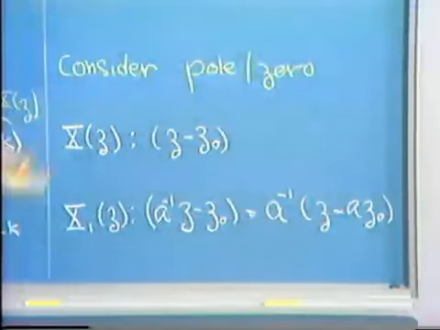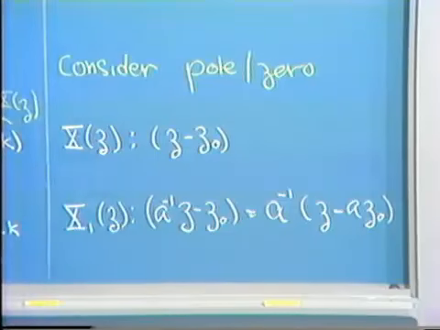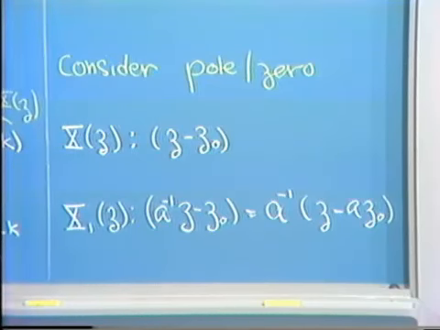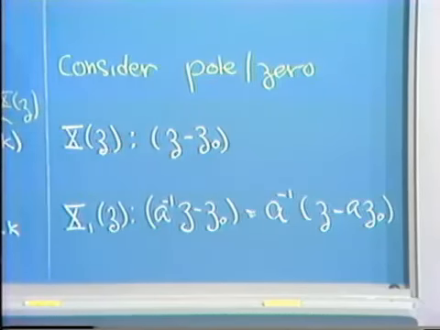And the result that we get by considering just a simple pole or zero will, of course, generalize to all the poles and zeros. So let's consider X(z) to have a factor, either in the numerator or denominator, of the form z minus z0.